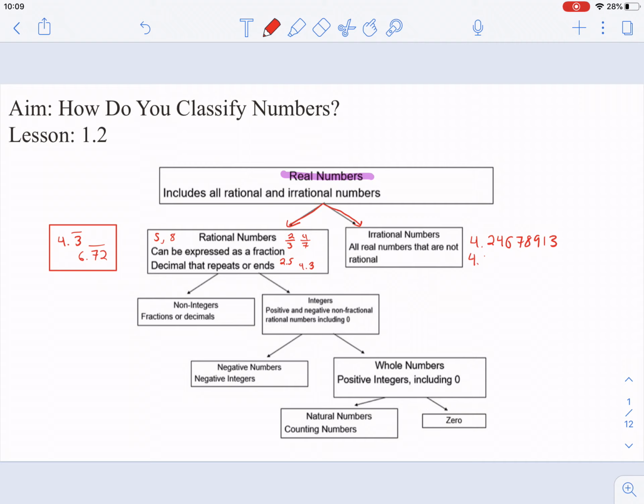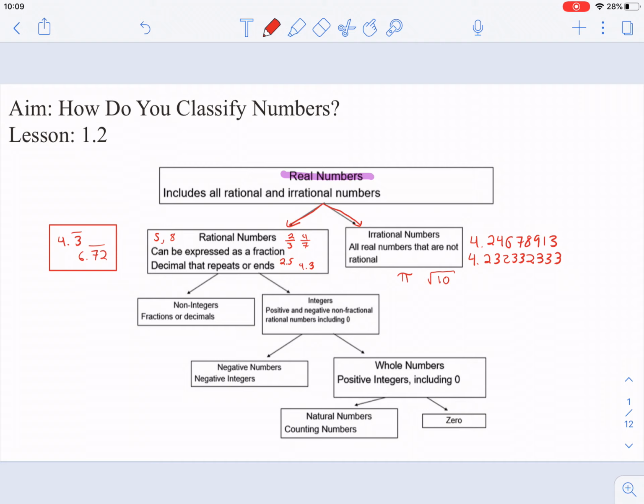A decimal like 4.2323323333, this has a pattern, but it does not repeat. A number like pi, that is also an irrational number. And any number you take the square root of that is not a perfect square. So the square root of 10. Since 10 is not a perfect square, that is an irrational number.